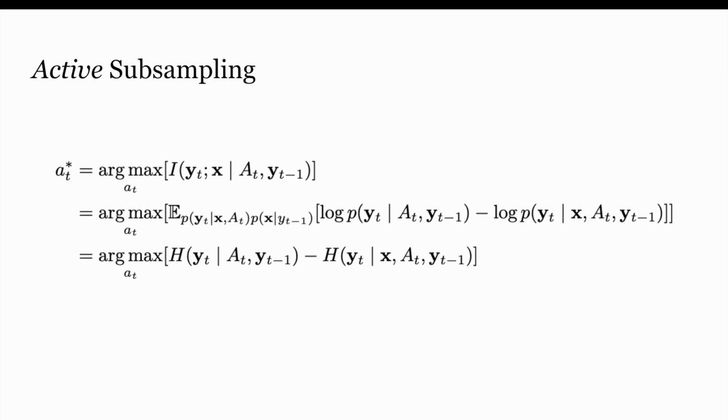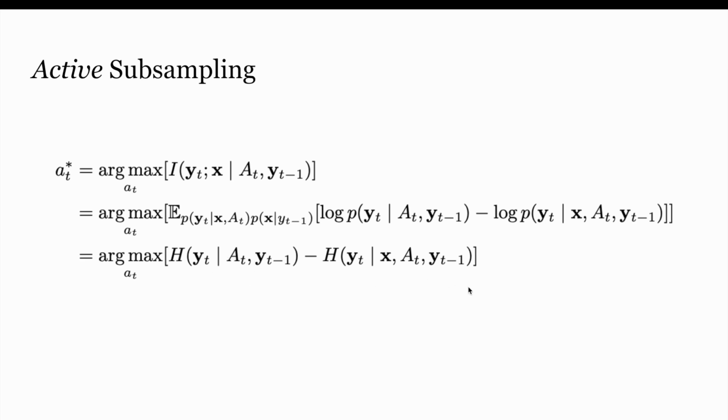The intuition is that if there's some location where you expect high entropy, so if you're trying to simulate what you'll observe there, but you're uncertain, that will actually be a good location to measure. And that's the first term.